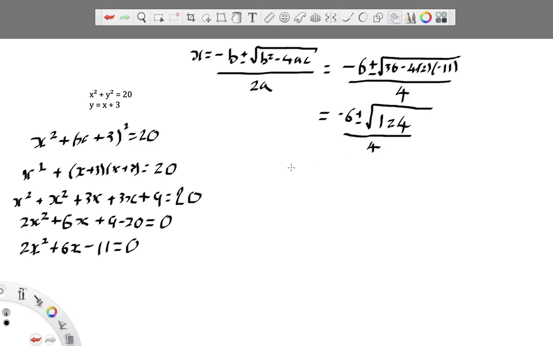Okay, obviously this is going to come out as a decimal because we haven't got a square root of 124. It's most likely going to be 11 point something for that square root there. Okay, so x can be minus 6 and then the positive option. So positive root 124 over 4.